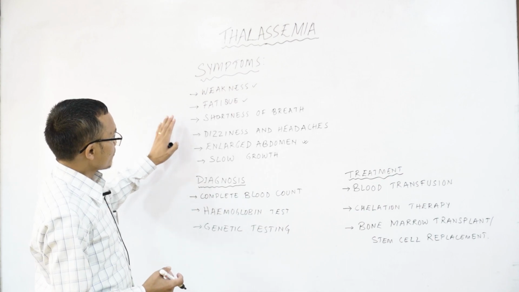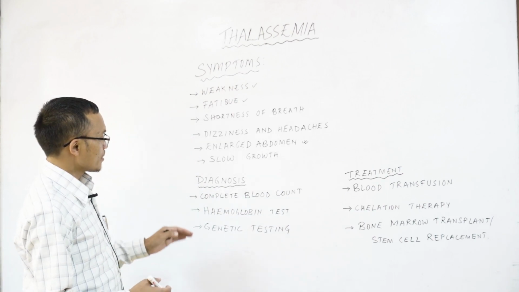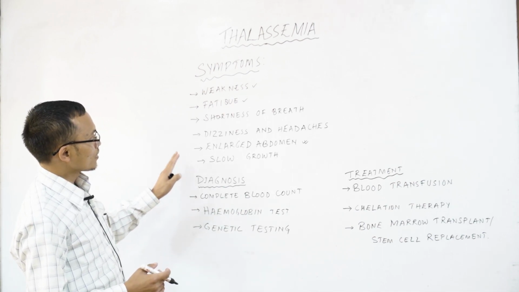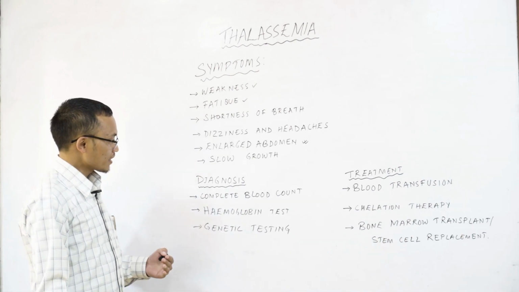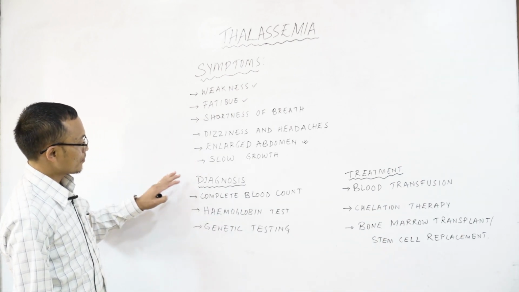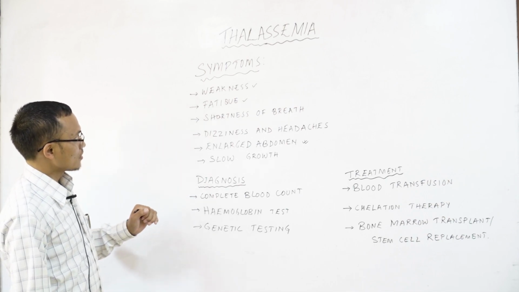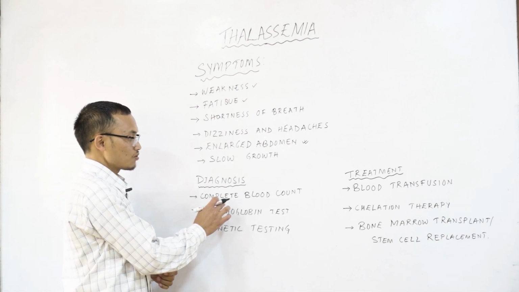Now, if any of these symptoms are present or observed, it is better to go for diagnosis so that we can confirm whether the child has thalassemia or not. So how can we confirm if a person or a child has thalassemia if we see all these symptoms? That can be done by performing the complete blood count.